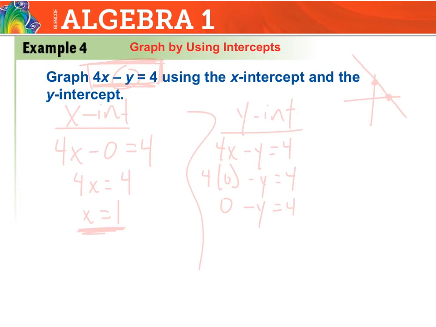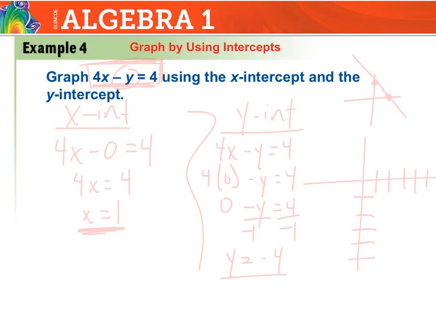It's solved for negative y, or negative 1y. In order to solve that for y, divide both sides by negative 1. Y equals negative 4. Perfect. So there are my two intercepts.